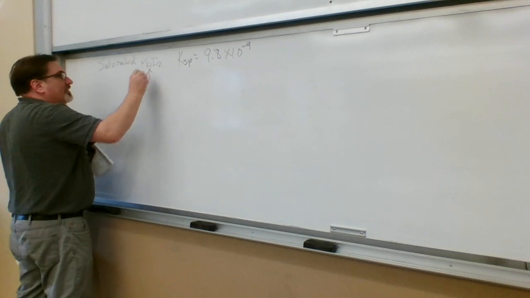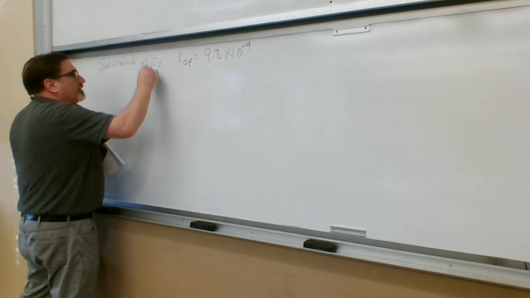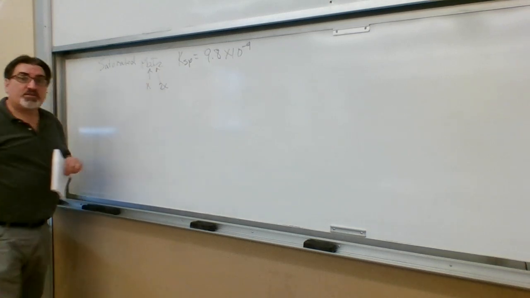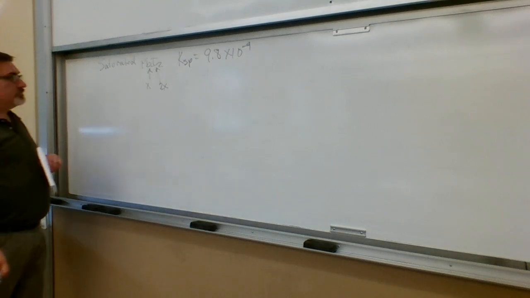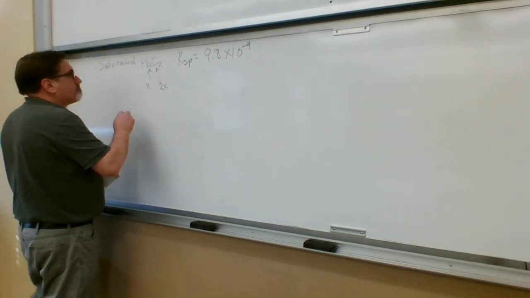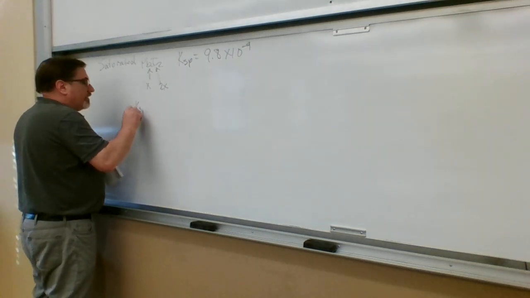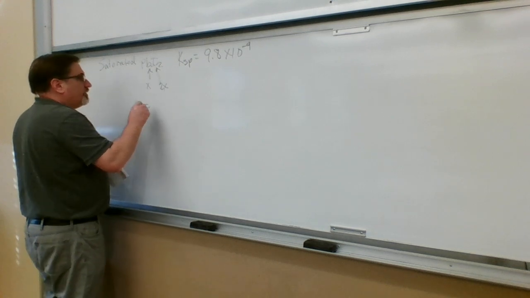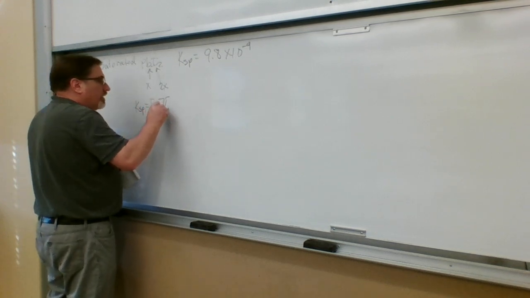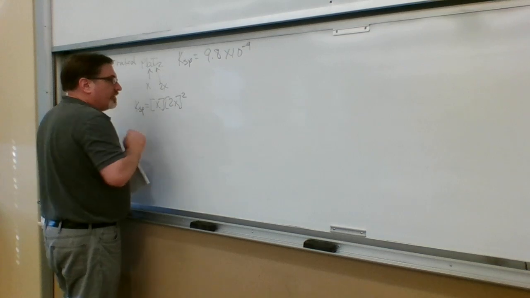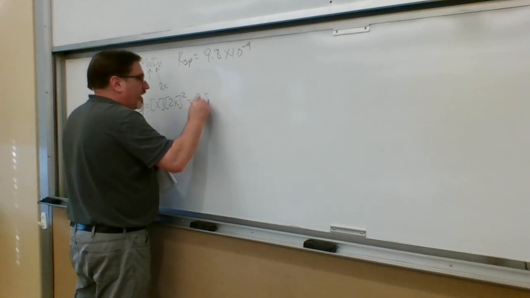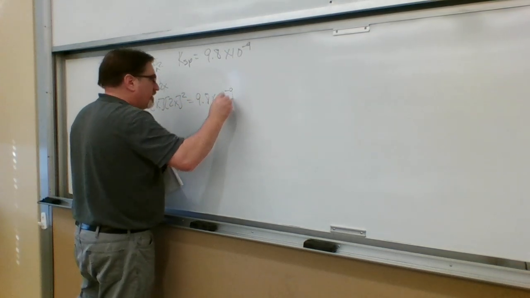And from PbI2, Pb is x, I2 is 2x. So Ksp is equal to x and 2x squared equals 9.8 times 10 to the minus 9th.